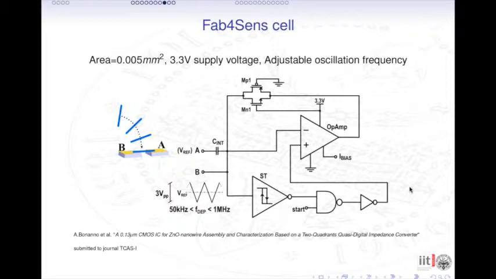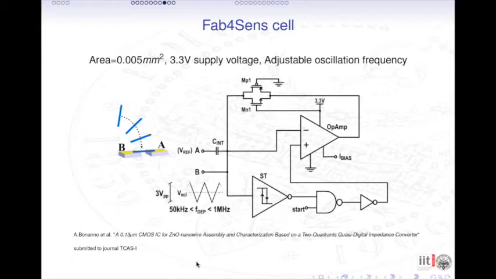This is a sample schematic of the DEP generator. The output signal is a triangle wave signal. The frequency can be controlled and adjusted in the range 50 kilohertz to 1 megahertz.